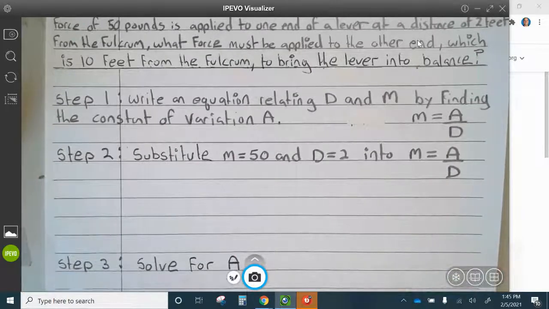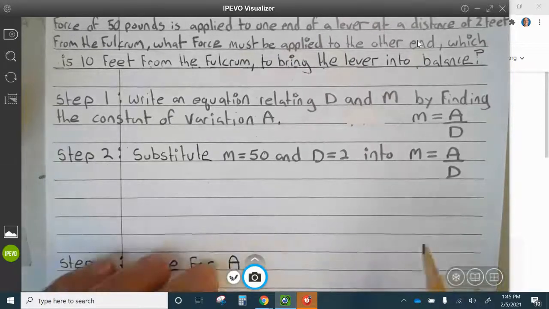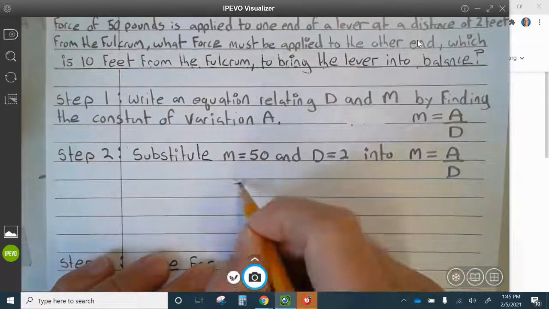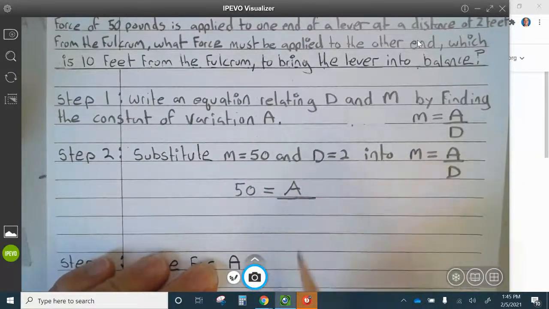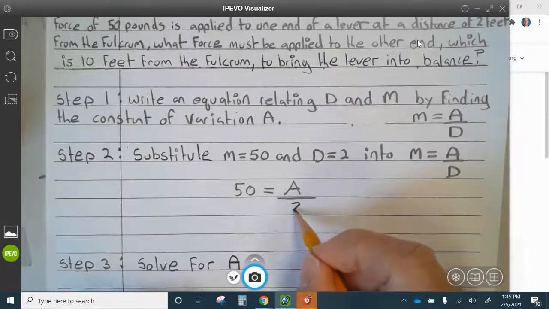Okay, write an equation relating d and m by finding the constant of variation a. So the equation is m equals a divided by d. Substitute m equals 50 and d equals 2 into m equals a divided by d. So m is 50, so 50 equals a divided by d, which is 2.